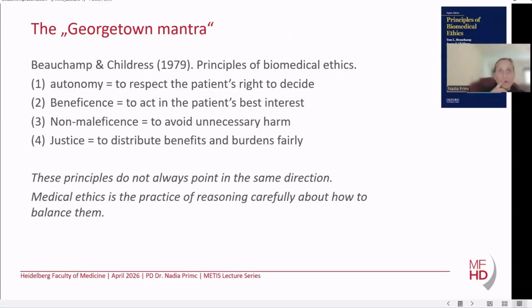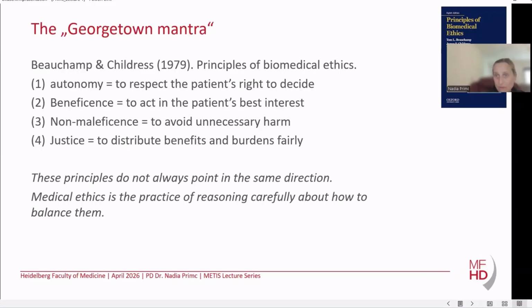The framework of 4 principles was developed by the American philosophers Tom Beauchamp and James Childress. It is also sometimes called the Georgetown mantra because both of them were at Georgetown University.